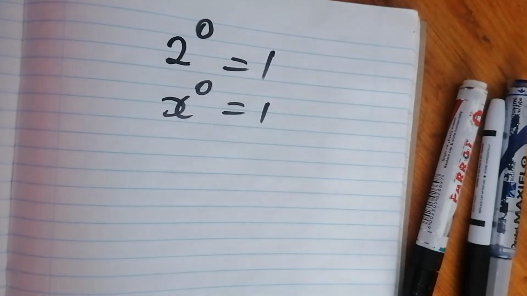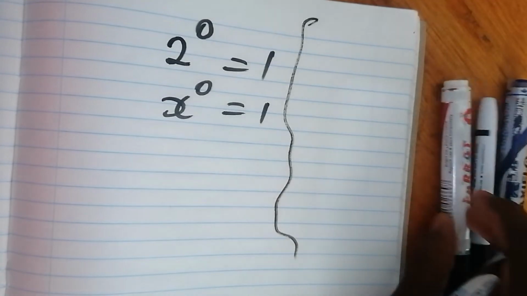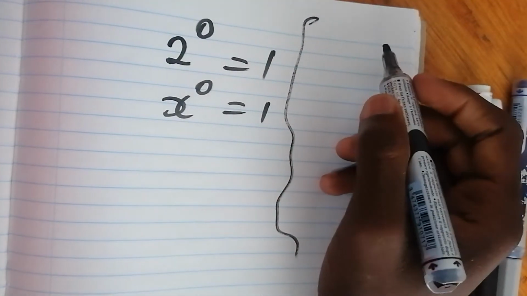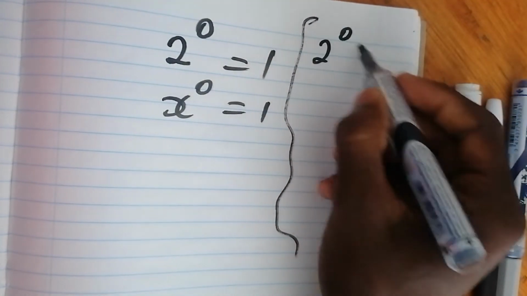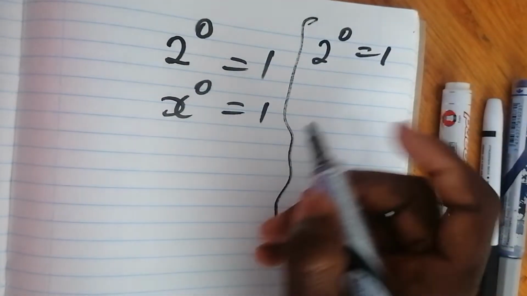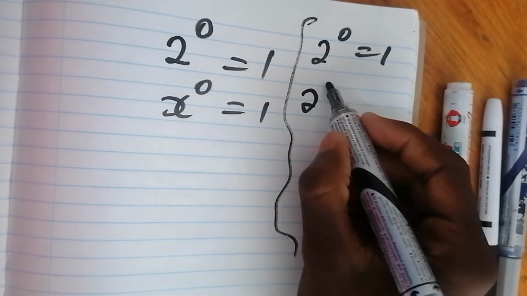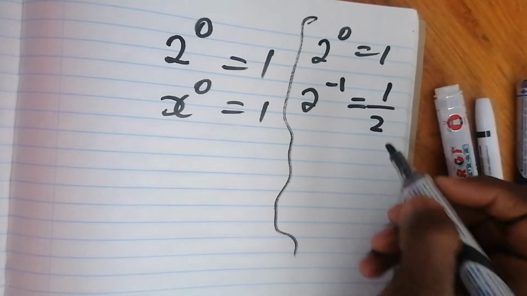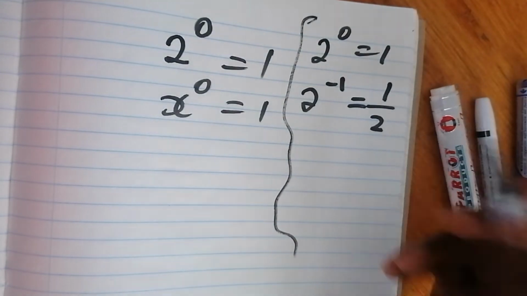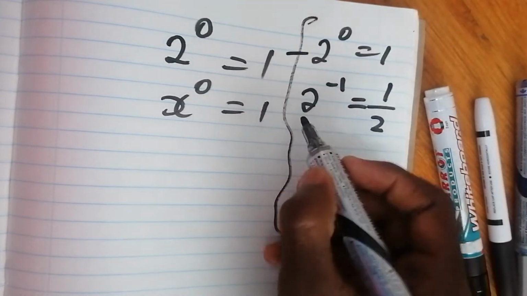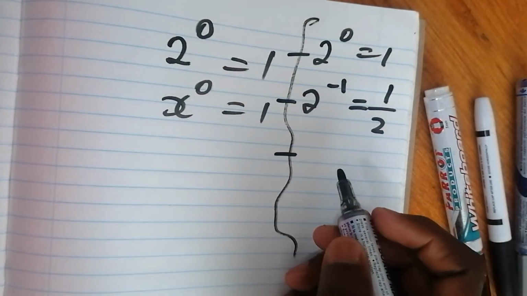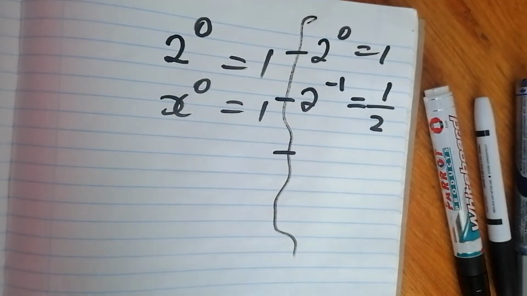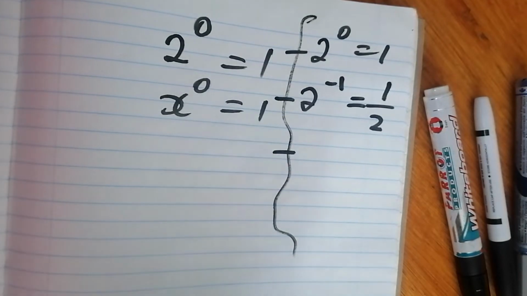In the laws of exponents, I said 2 to the power 0 equals 1, and then there's this other one where I said 2 to the power minus 1 is the same as 1 over 2. And then I mentioned that if we times the base, we add the exponent.